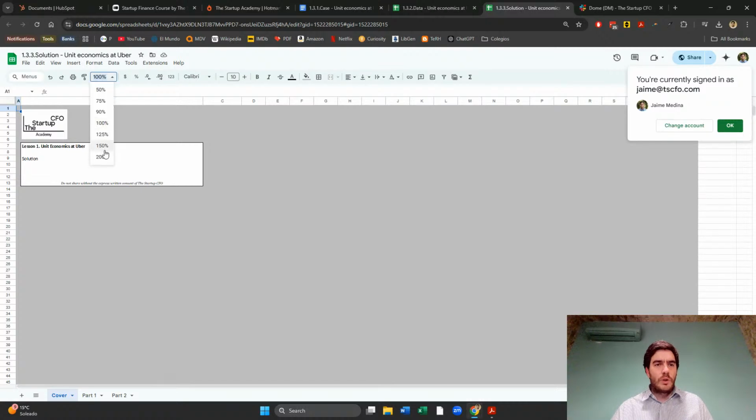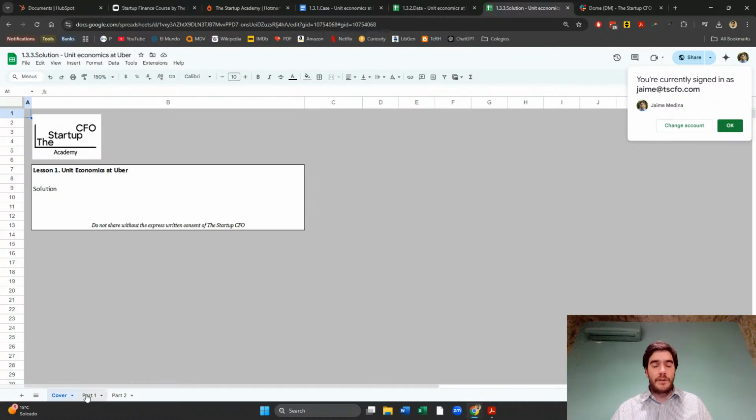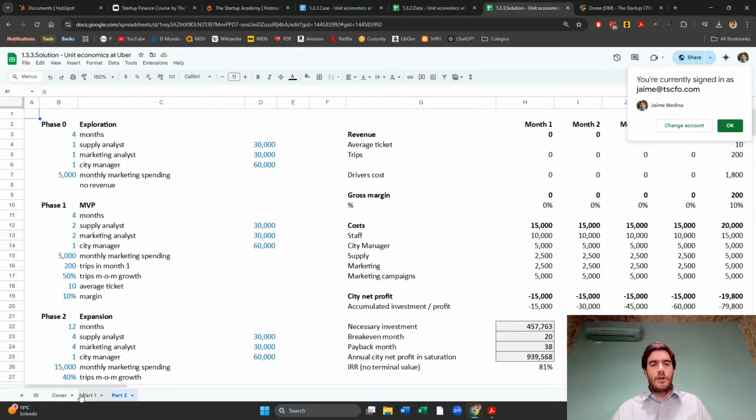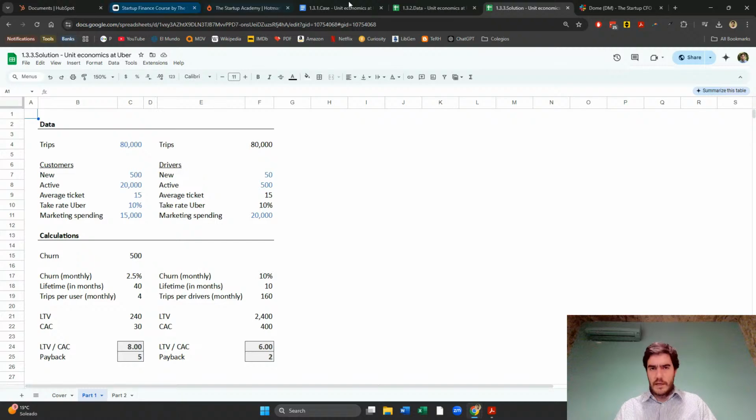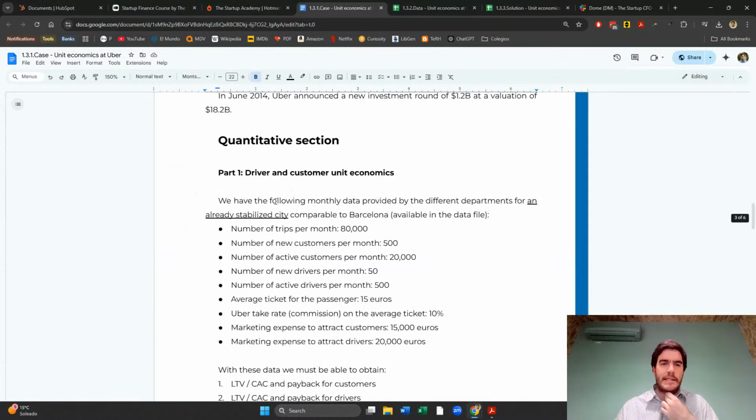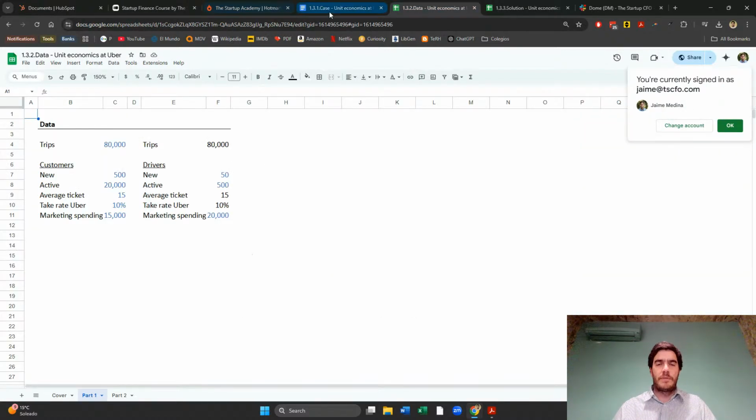We are going to give you the solution of all the cases up front, because there are two ways that you can finish the course and get the credits. I'll show you here. All the cases have a quantitative section and a qualitative section. If you want, you can do the quantitative section and then the qualitative section starting just from the data.